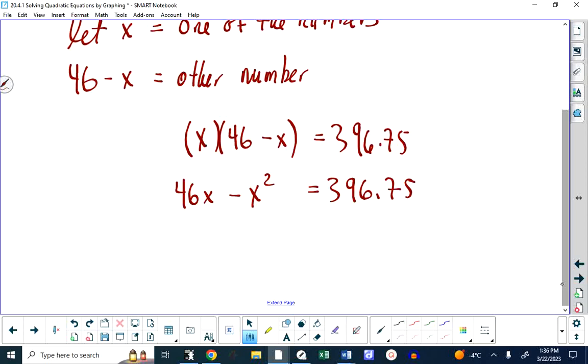Well, okay, so this is now, everybody, the frame of mind that you find yourself in from here on in. If it's quadratic, you zero the equation. It's quadratic. Let's zero the equation. I'm going to move everything to the right side because then x squared becomes positive. So I'm adding x squared to both sides. I need to subtract 46x. And then I have plus 396.75.